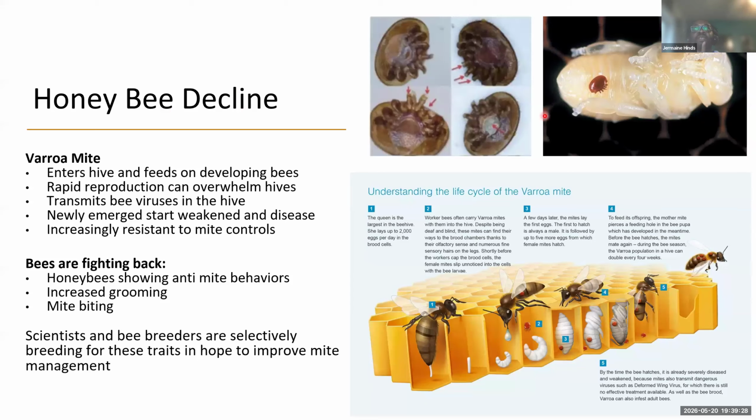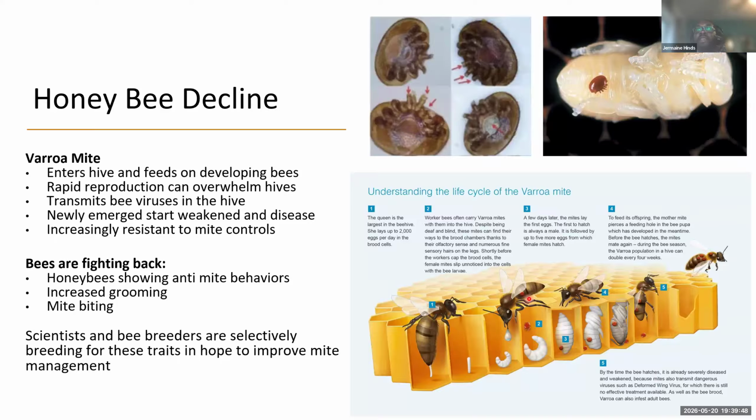What they do is they enter the hive, and as the bee is developing, at first the queen will lay a bee into the honeybee cell, and as it develops, they bring resources to the developing pupa, right? Remember the egg, larva, pupa?